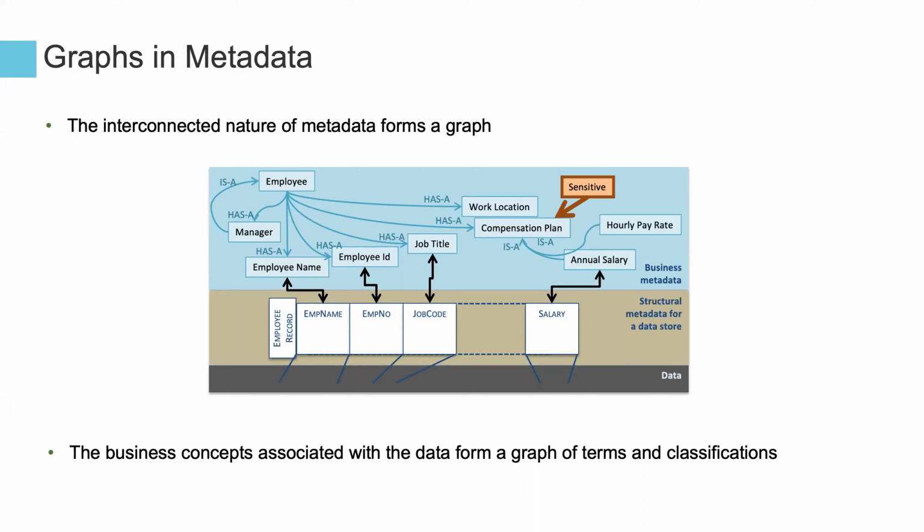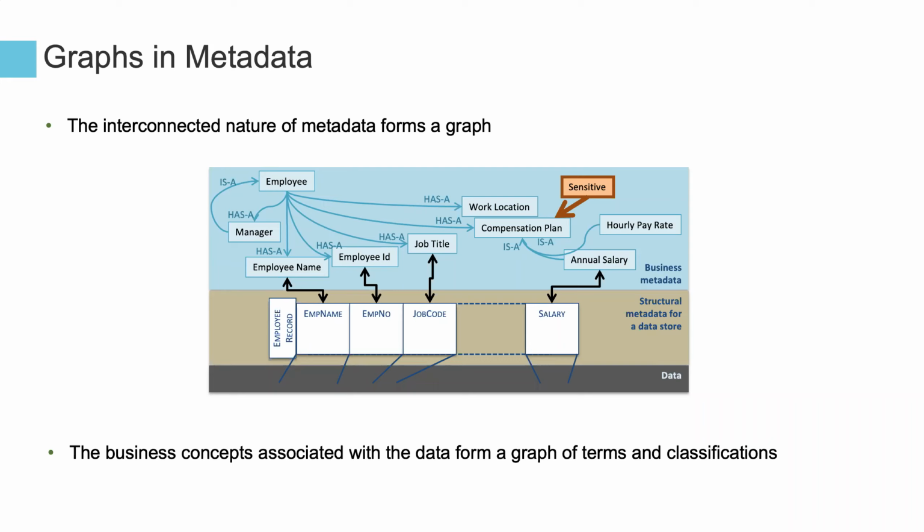So imagine you're looking at a database record. This is structural data, if you like. Above that, above the horizon, up in the blue part of this picture, what you see is business concepts. So the business concepts are the fact that this person represented in the data may well be an employee who has a manager.